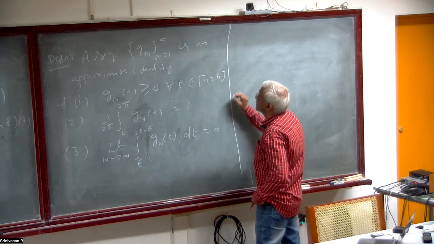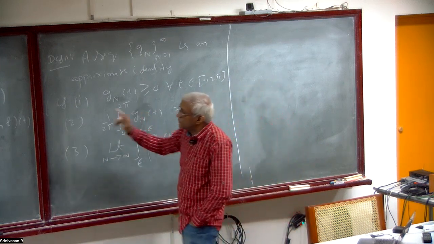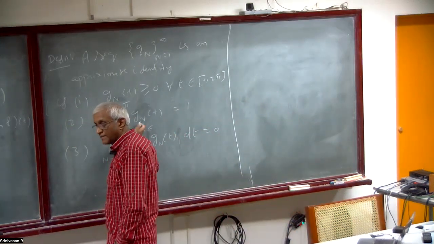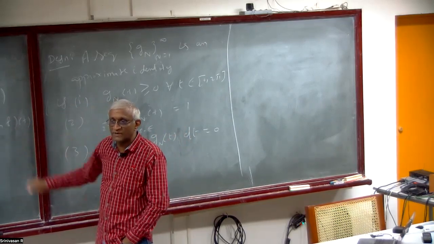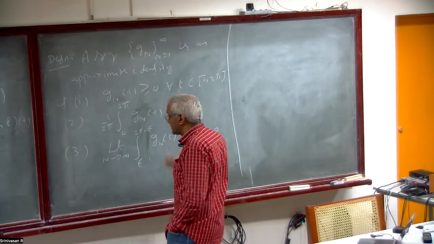So the idea is we want to prove something more general, and then prove that this is also an approximate identity, so this will also satisfy the same.